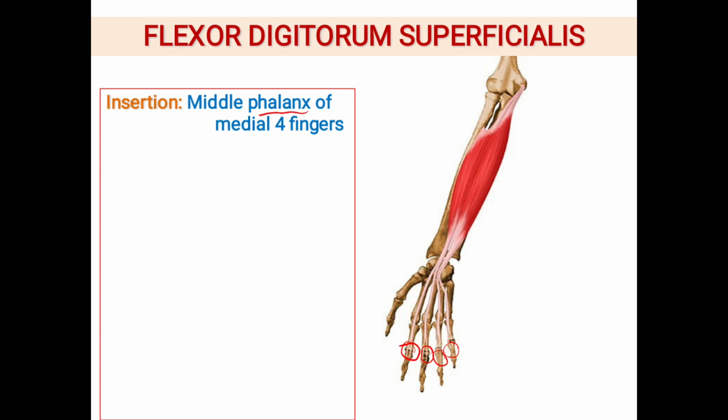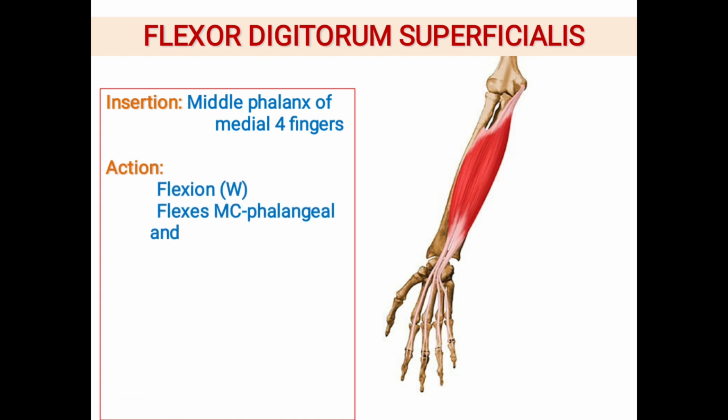Please take note, middle phalanx of the medial four fingers. When you say medial four, this is the medial four because the most lateral is the thumb. Please take note because later on your flexor digitorum profundus inserts on the distal phalanx.